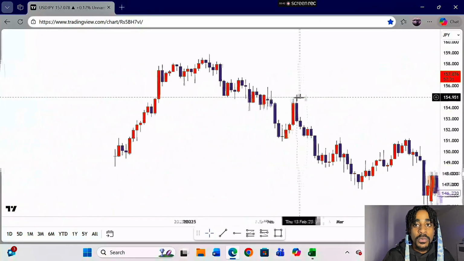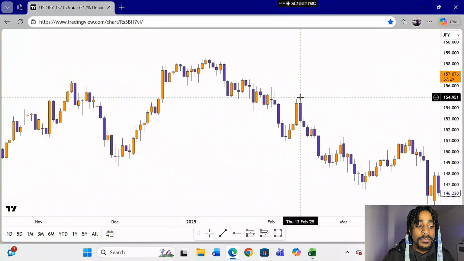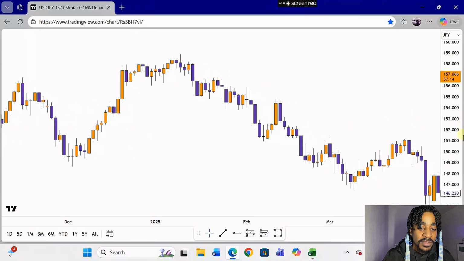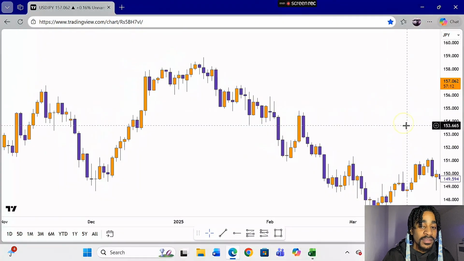So with USD JPY, following off the last video in terms of price, so the y-axis, you can see the price is different. So we have 159 and then decimal point 000. So USD JPY is different in that sense, as the decimal point is after 3 numbers instead of 1 number, like Euro USD or GBP USD.